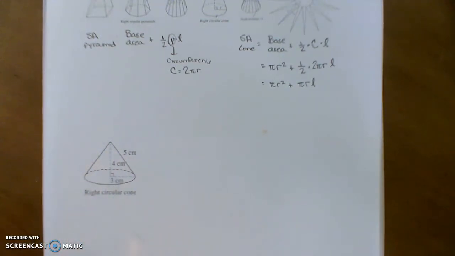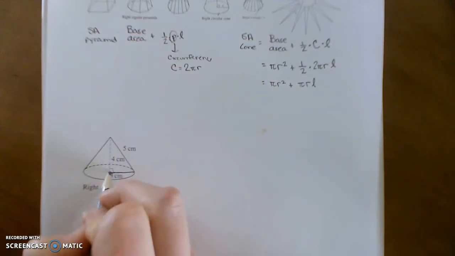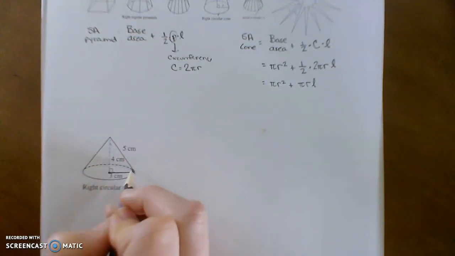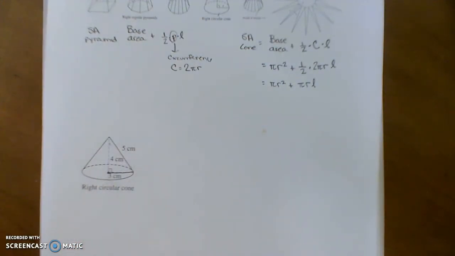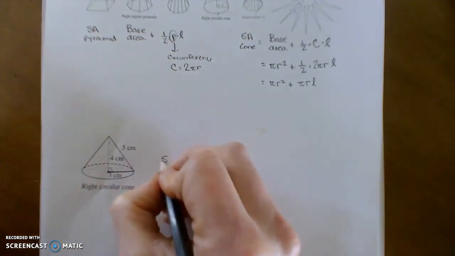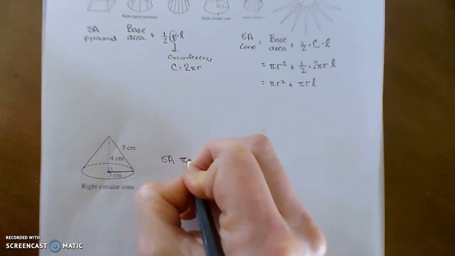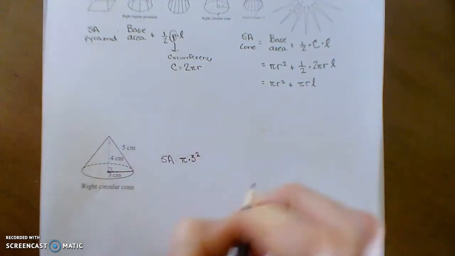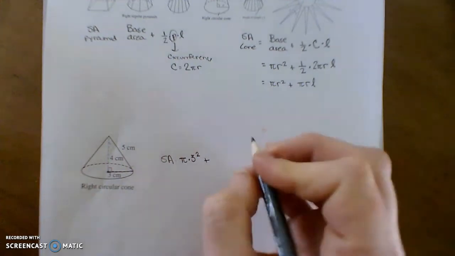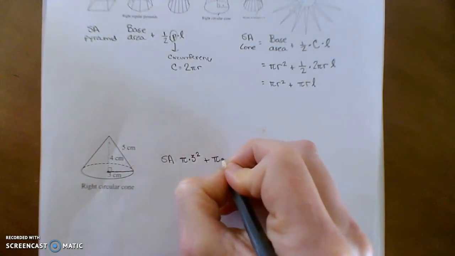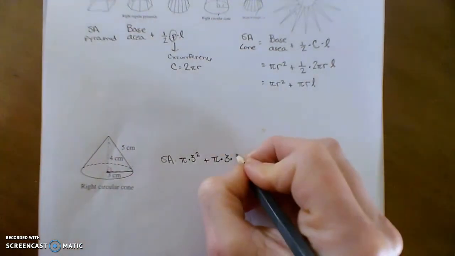You've got a right circular cone with radius 3 centimeters, height 4 centimeters, which means that its slant height here is 5 centimeters. So the surface area will be the base area, pi r squared, r is 3, so pi times 3 squared, plus pi times r times L. So pi times the radius, which is 3, times the slant height, which is 5.